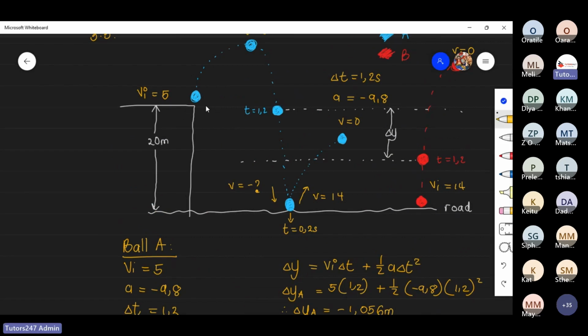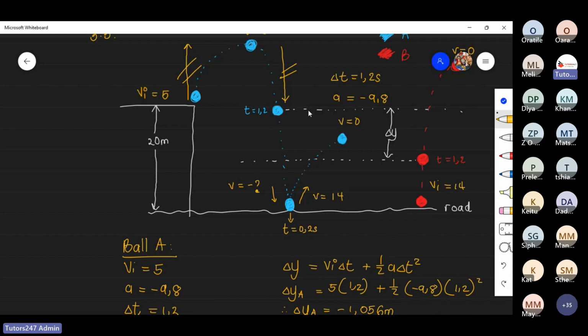If our object was displaced 1.056 meters downwards, keep in mind our object went up for an unknown displacement, then came down. So those two cancelled each other out. So the resultant displacement is what we have, that negative 1.056.